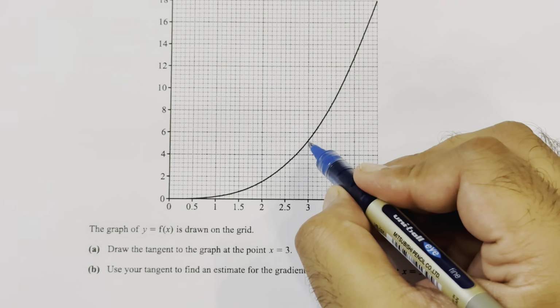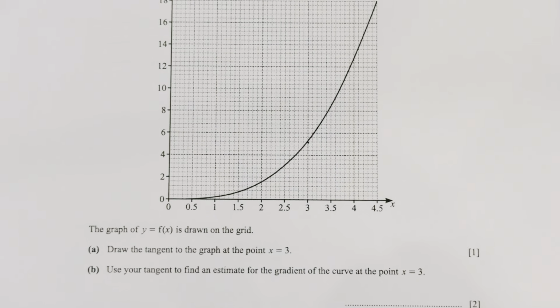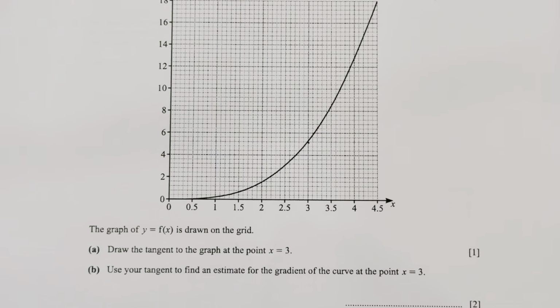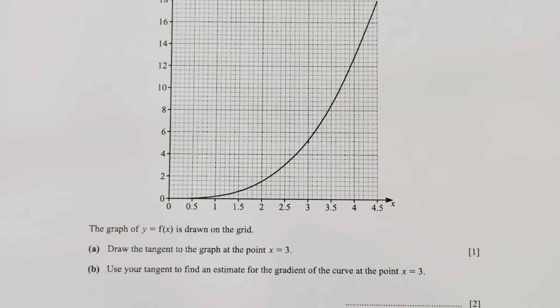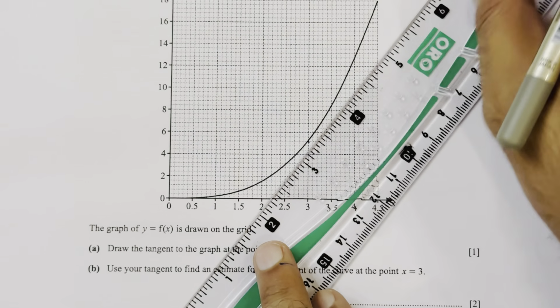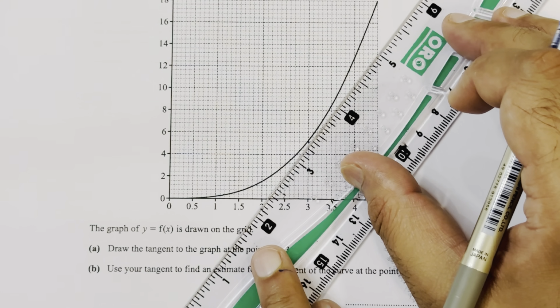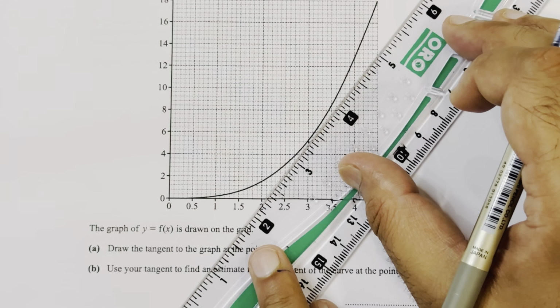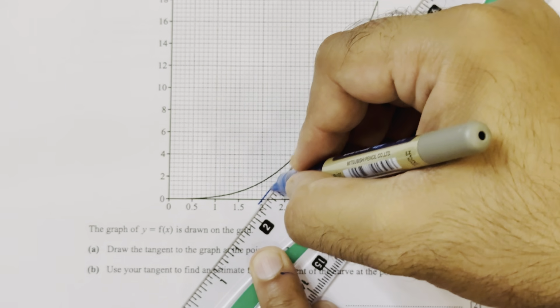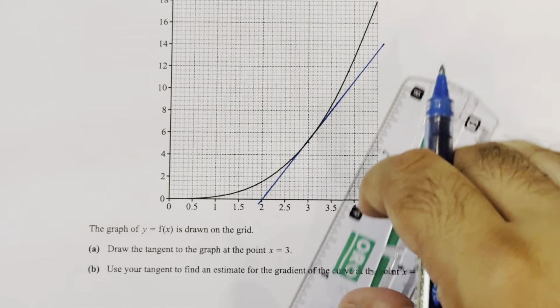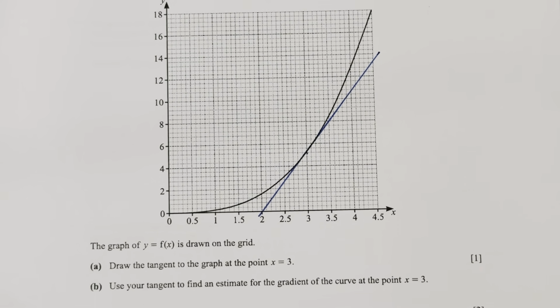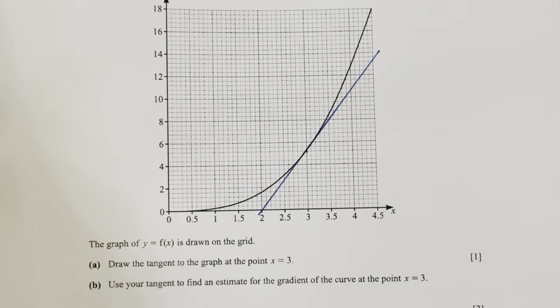So it means that we need to draw the tangent over here. Okay, so it would be like that. It would be like that. Now you have drawn the tangent.